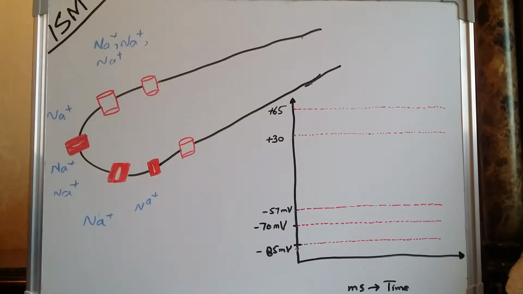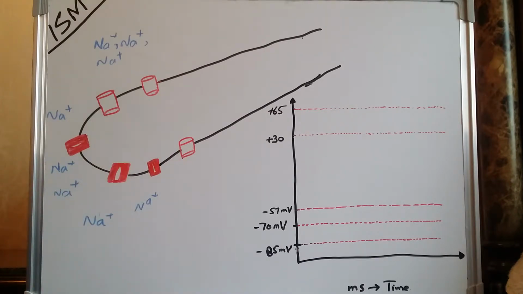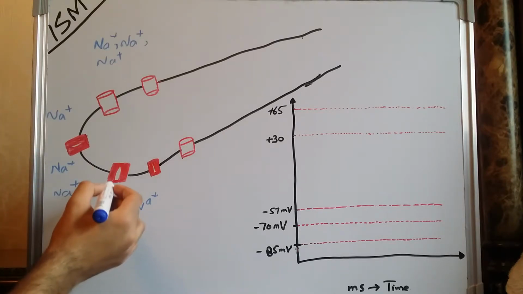Suppose these are the channels and gates. Some of them are mechanically stimulated and some of them are electrically stimulated. For example, whenever I touch the ends of the neuron, the specific gates which are sensitive to touch will start to open up.